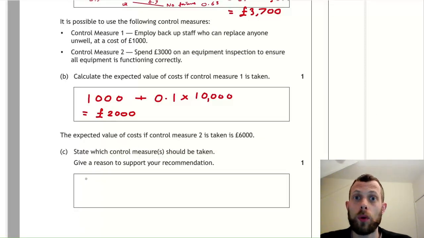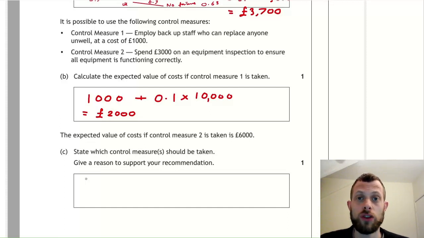Now on part C, state which control measures should be taken, and it tells you that the expected value for control measure 2 is £6,000. So we can compare the three numbers, 3,700, 2,000 and 6,000, and we can see that the lowest of all of those is £2,000.